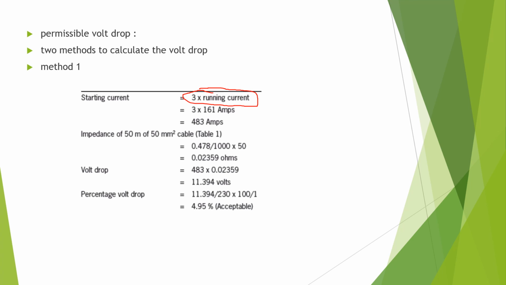We use the full load amps times the impedance of the cable. That gives me the volt drop. Then the percentage volt drop is 4.95, which is acceptable, because we know the IEC standard is about plus minus 5%, that we will work on, especially for medium voltage cables.